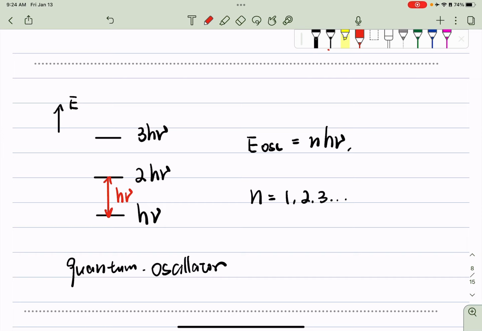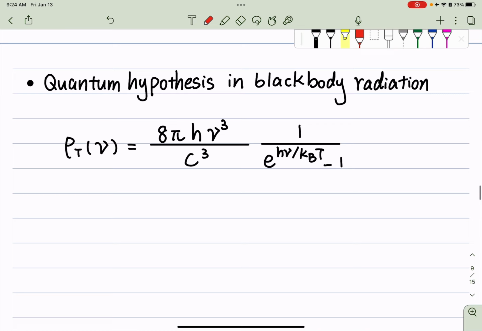Okay, let's see how our quantum hypothesis, how these small energy steps actually help the scientists solve the blackbody radiation problem. Now, with that hypothesis in mind, we have an updated quantum picture for the blackbody radiation.